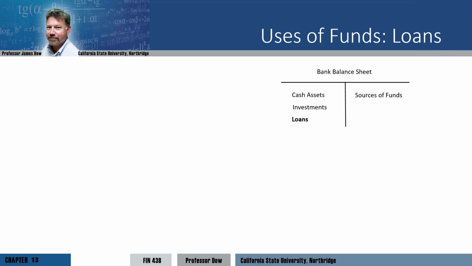There are a variety of different types of loans, categorized by how they are constructed, who the borrower is, and what the money is used for. Under business loans, or commercial and industrial loans, we have bridge loans, seasonal loans, and long-term asset loans.